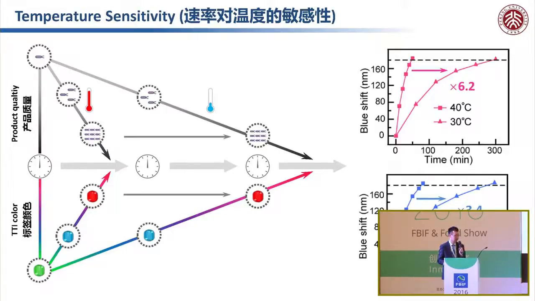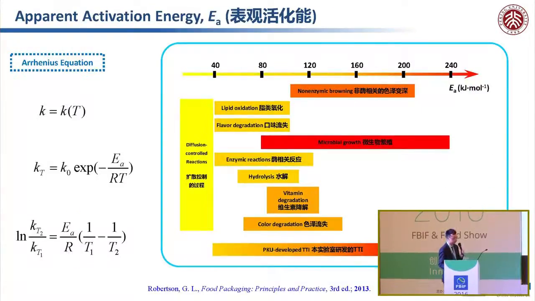We need to make sure that the chemical reaction in the tag and the spoilage process in the food are equally sensitive to temperature variations, so they can be synchronized. In this way, we found that by introducing some additive into the recipe, the temperature sensitivity can be readily tuned. It can be highly sensitive to temperature or less sensitive to temperature.